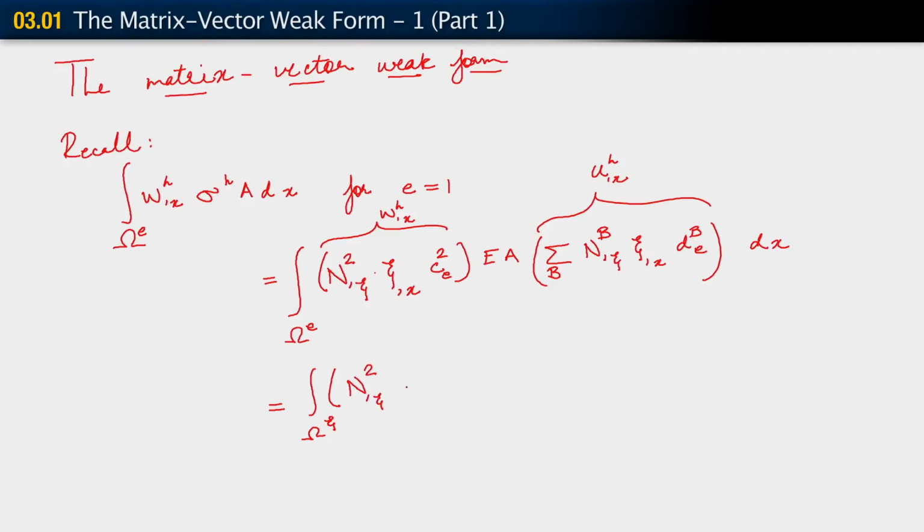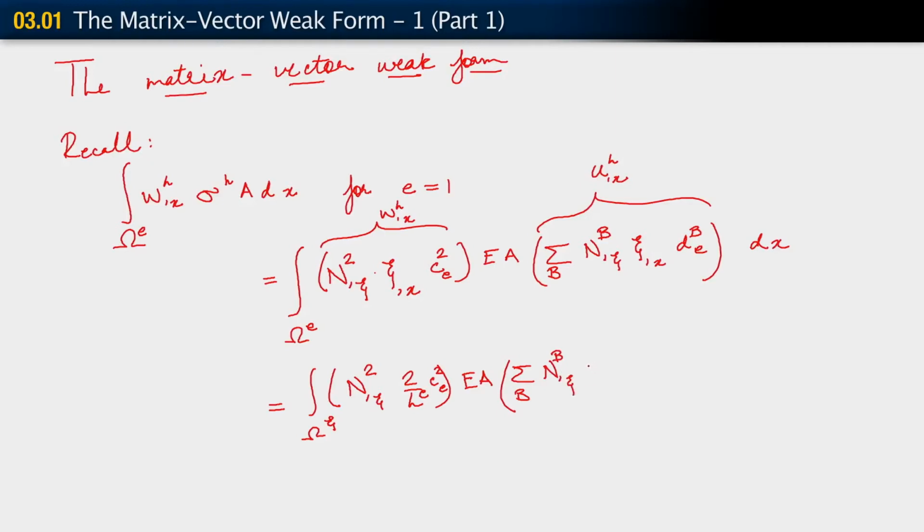We have xi comma x, and we recall that xi comma x is simply 2 over he. Okay, and here we have c2e, EA here, and for uh comma x we have NB comma xi.